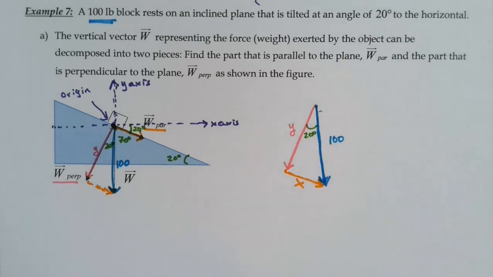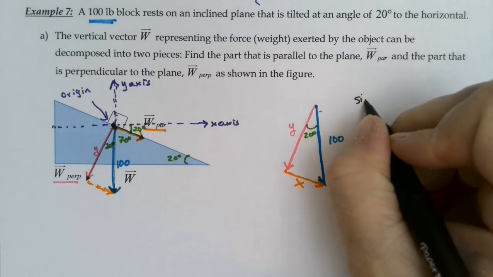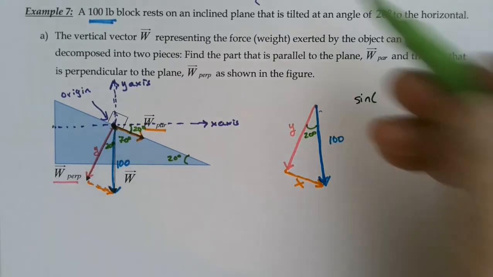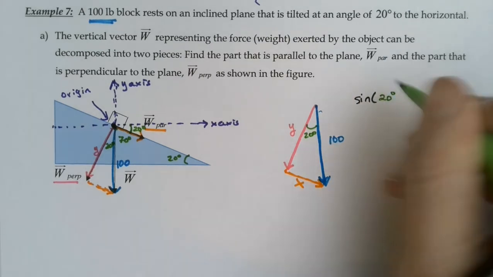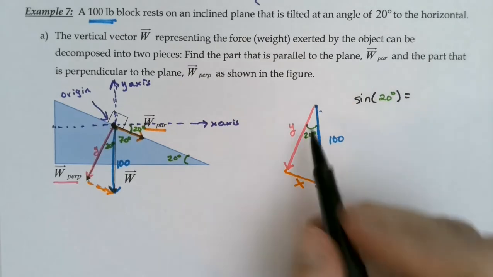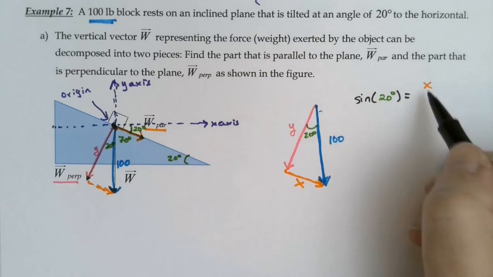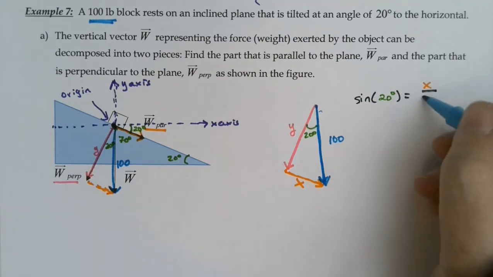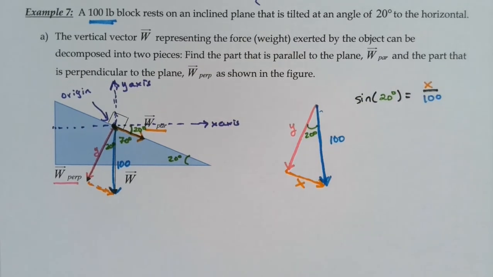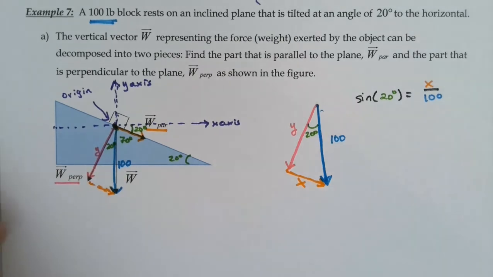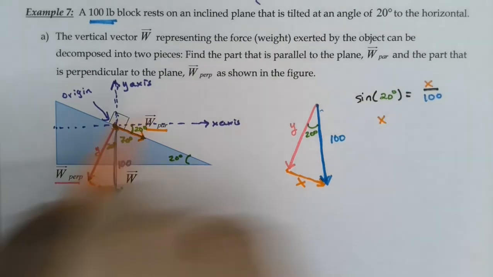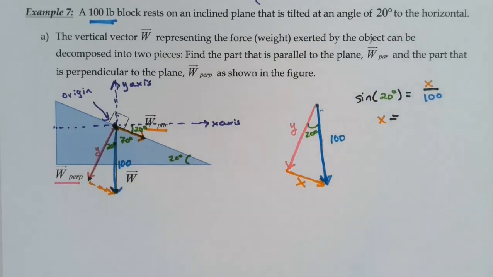So let me do that real quickly. So the sine of 20 degrees equals opposite, which is x, divided by the hypotenuse, which is 100. That would mean that x is equal to 100 times the sine of 20.